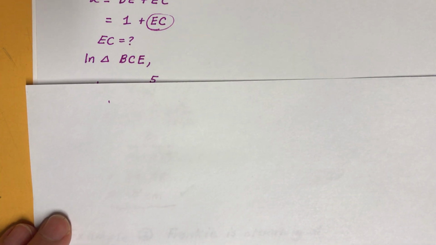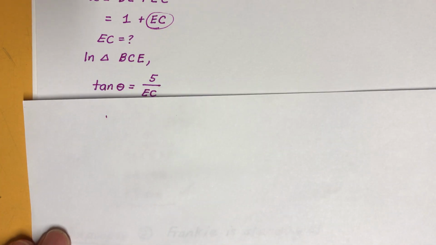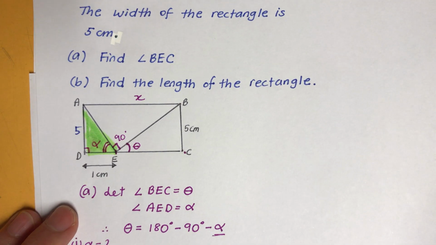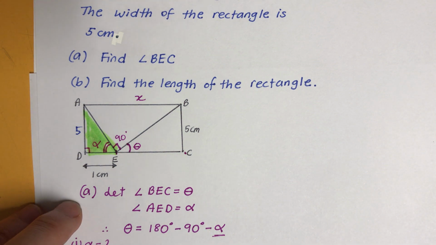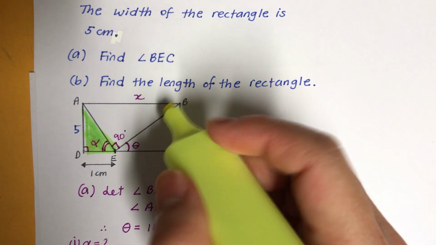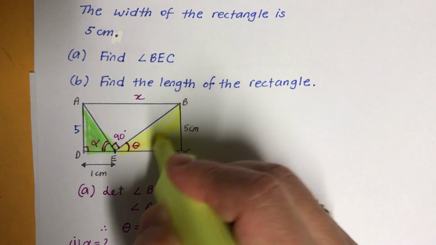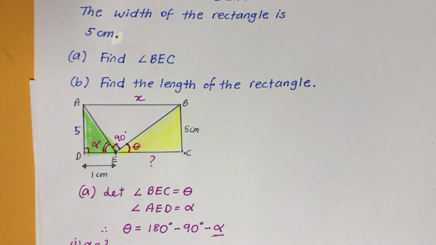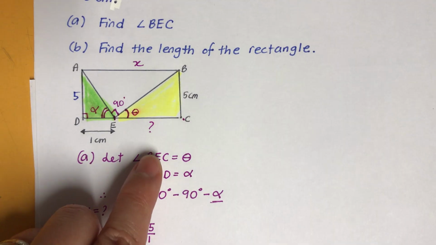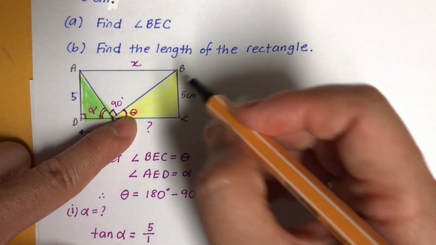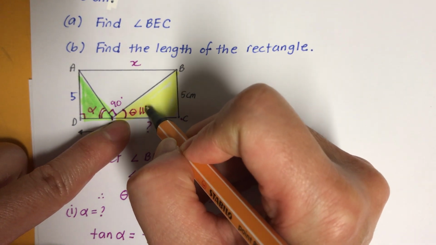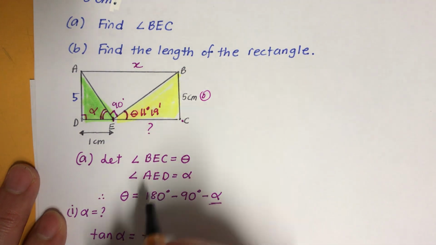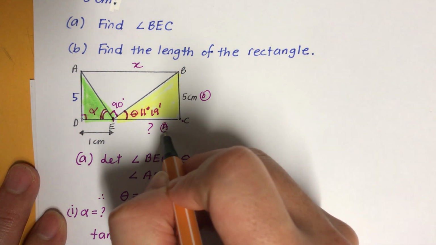So to find EC, I'm using triangle BEC, which is the other big triangle. So I'm going to put this in there. This triangle we're going to look for, and I have to find this. Okay, because we found theta, which was 11 degrees and 19 minutes, and that's my opposite, that's my adjacent.